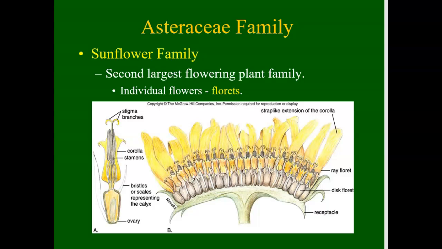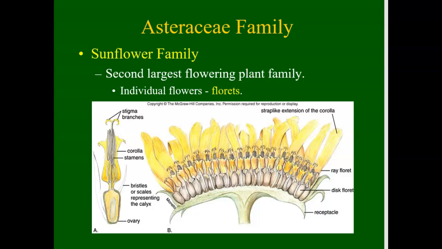And then in the center where the head of the flower would be, there are a whole bunch of disc florets that are all clustered around each other very tightly to make that head. So when the sunflowers first evolved, this was sort of a new design to have two different flowers on the same type of plant.